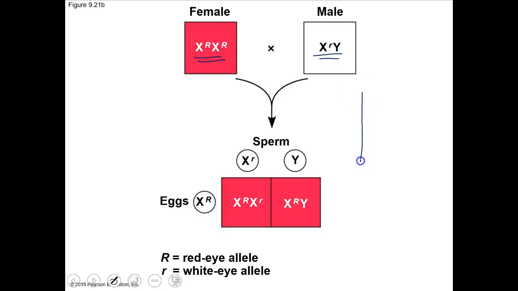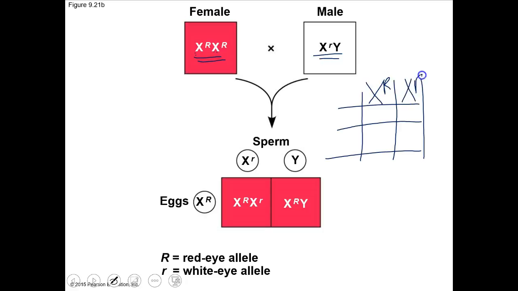If you do the Punnett square over here real quick, we have XR, XR, so this is our female. And here's our male. He's got X with a little r and Y. I'm going to have to write small here.